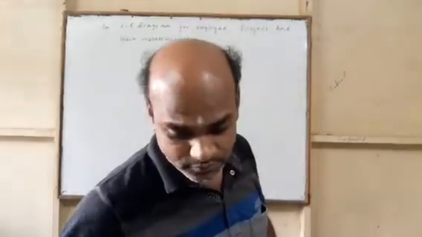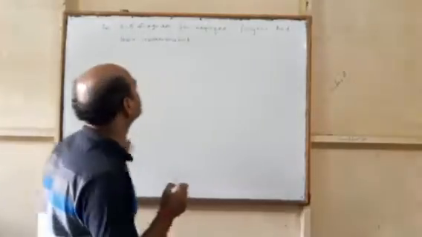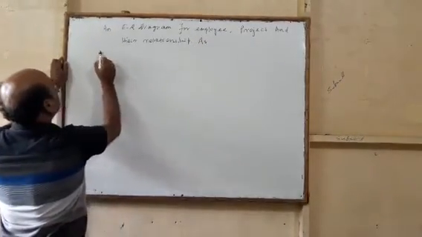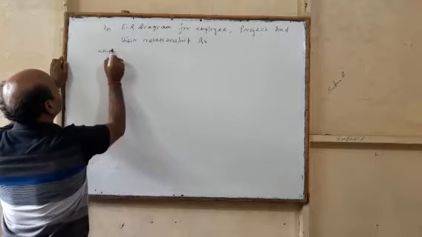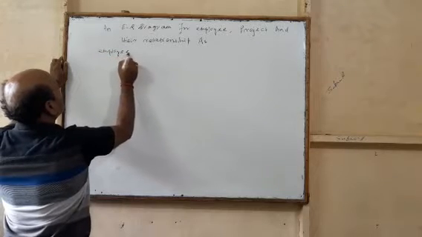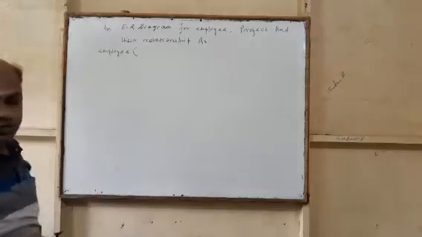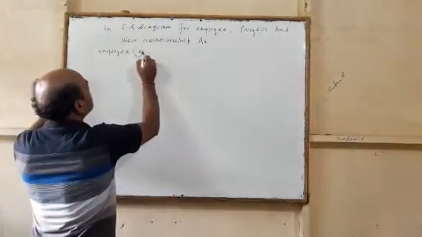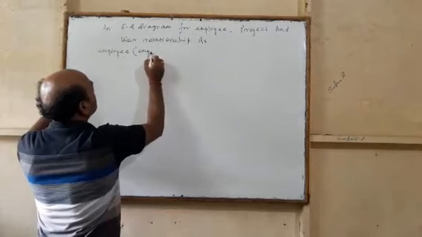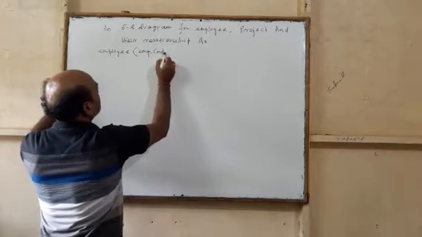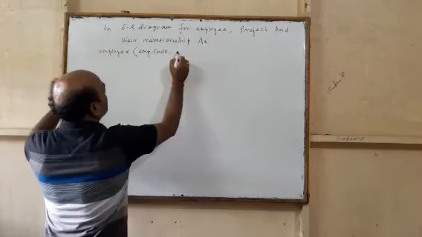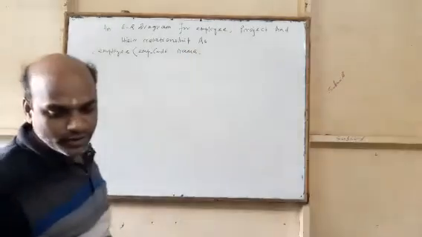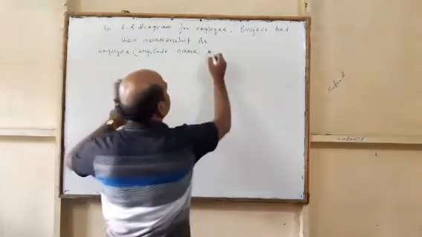Here is the diagram. Employee, whose attributes are employee code, name, designation, and address.